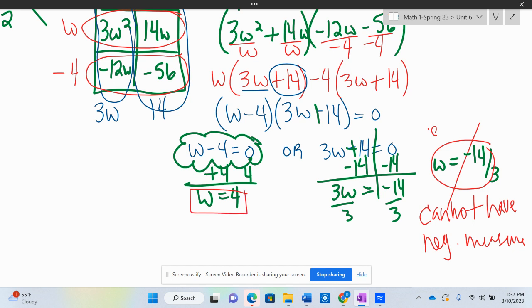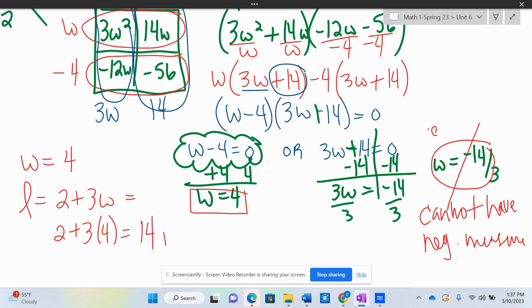So it means that the width of my rectangle is 4. Well, if the width is 4, then the length, we said that the length was 2 more than 3 times the width. So that means that my length is 2 plus 3 times 4, or my length is 14 inches.